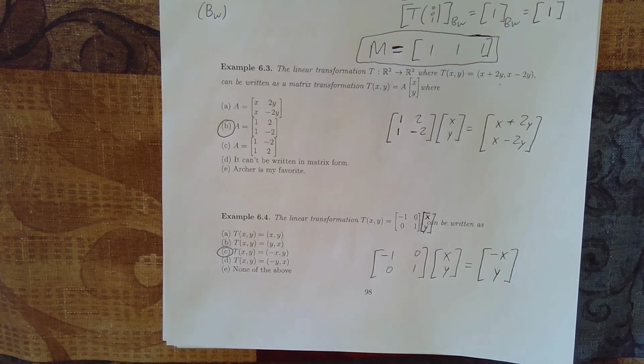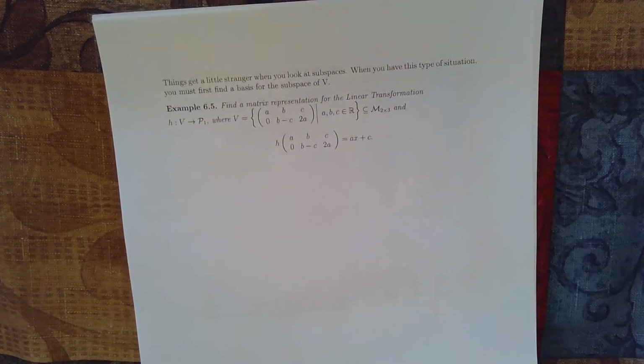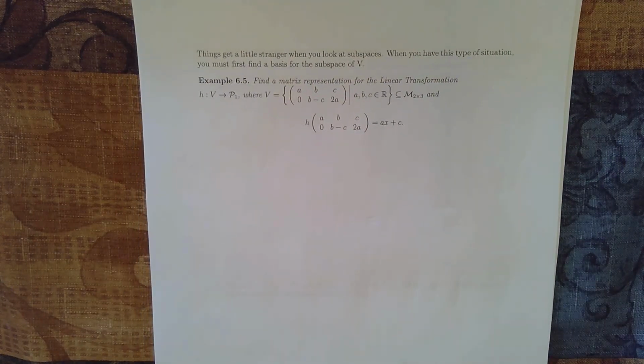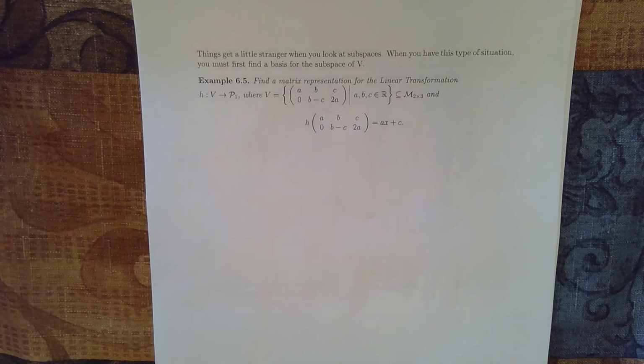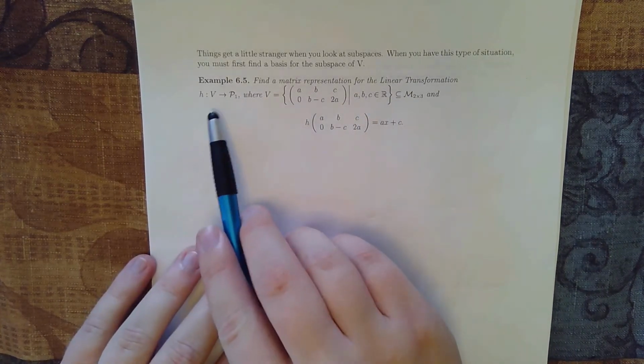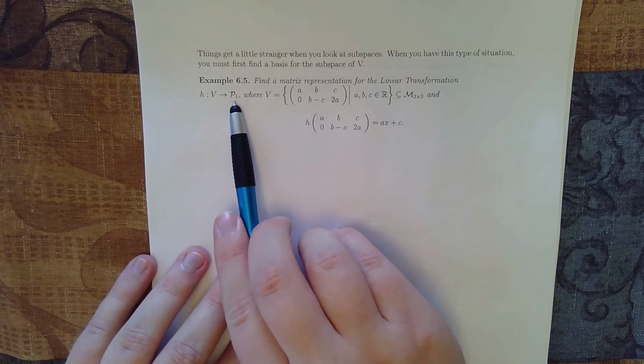Okay, so hopefully so far it seems pretty clear. The one more example we're going to have for the moment is trying to look at subspaces. We talked about subspaces before. Things get a little bit tricky if we try to use them for these matrix representations. So let's say we wanted to find a matrix representation of a linear transformation going from some complicated vector space like this to P1.